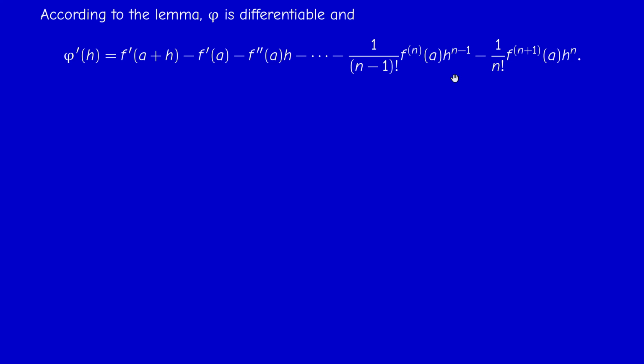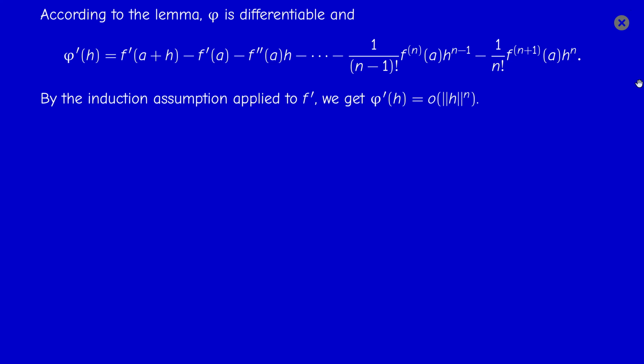And I get this. So the nth term will become 1 over n minus 1 factorial times the derivative of order n at a evaluated at h to the n minus 1. So this is once again a linear map. So phi prime of h is a linear map from E to F. Okay, and same thing for the last one.